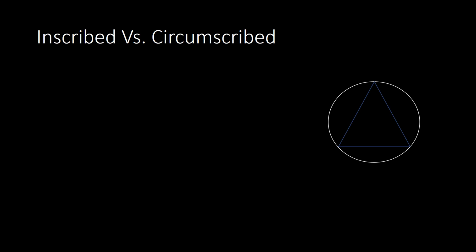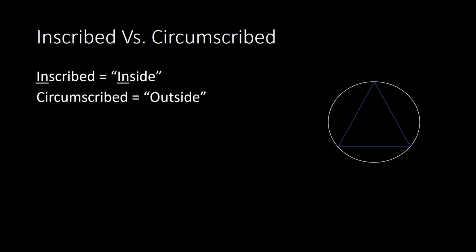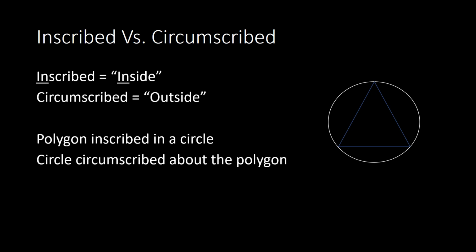Next we have the terms inscribed and circumscribed. Inscribed means inside, and circumscribed means outside. So in this picture, we can say the polygon is inscribed in a circle, meaning the polygon is inside of the circle. And then circumscribed, we can say that the circle is circumscribed about the polygon, meaning it's on the outside of the polygon.